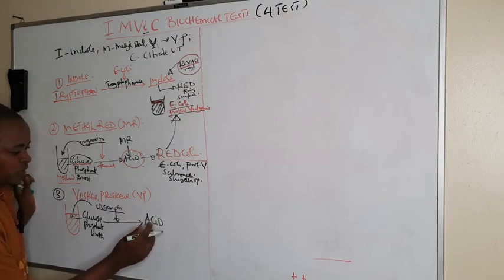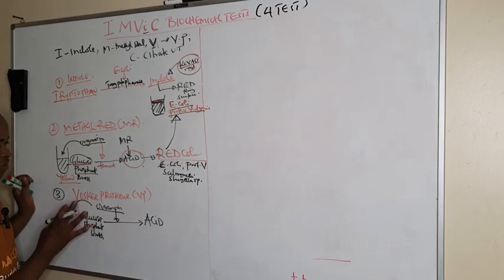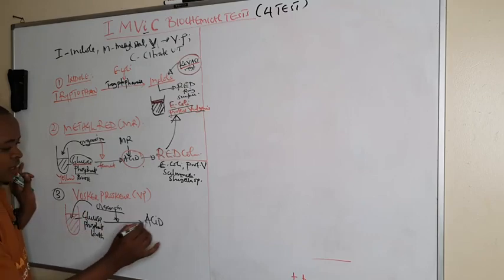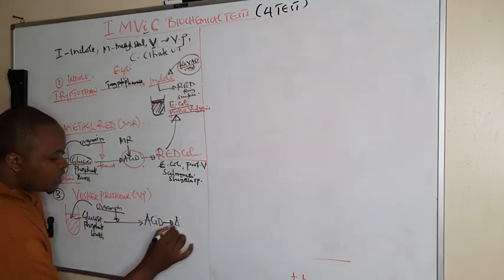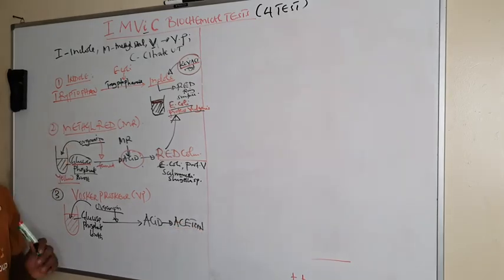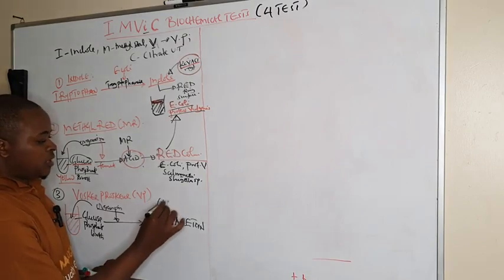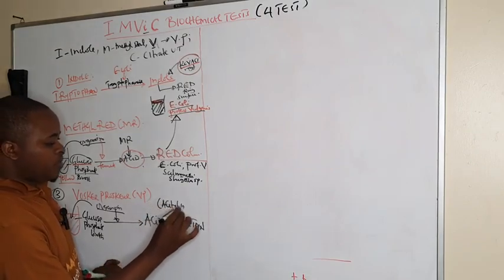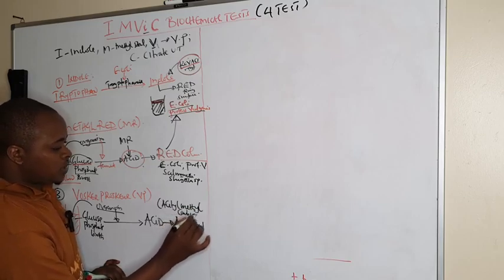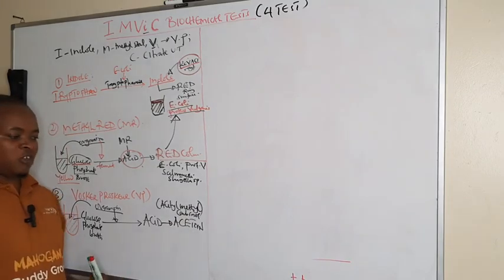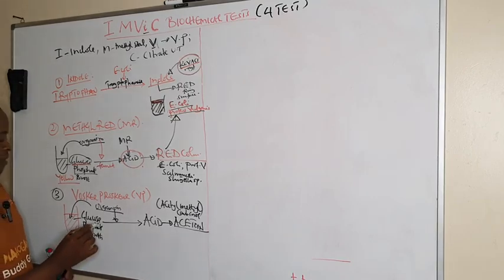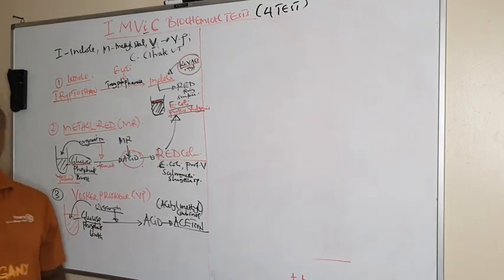But this test is looking at the pyruvic acid metabolizing further to form what we call acetoin. The chemical name is acetyl methylcarbinol, which is formed when the organism is able to ferment the glucose.